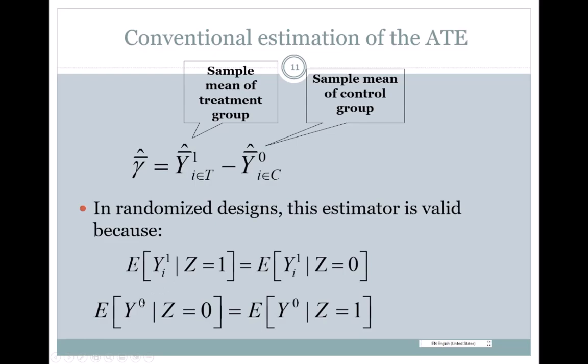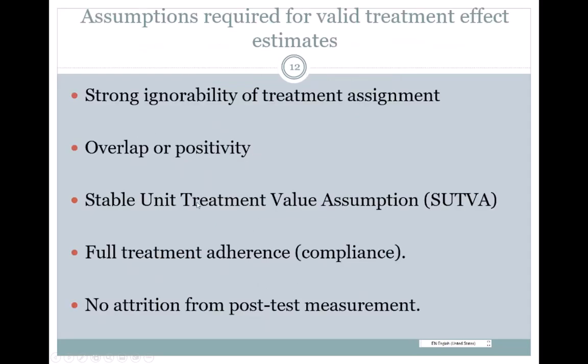And similarly, the expected value in the absence of treatment for those that are not treated, which is the control group, is equal to the expected value in the absence of treatment for those that are treated. In other words, the control group is equivalent to the treatment group if the treatment group had not received the treatment, right? And that is true in experimental designs due to the randomization, which means that this estimator here is unbiased.